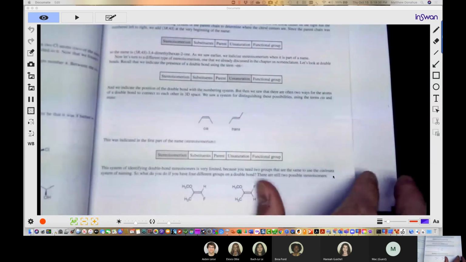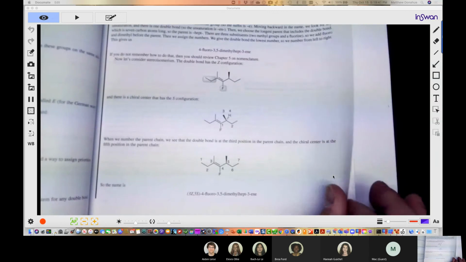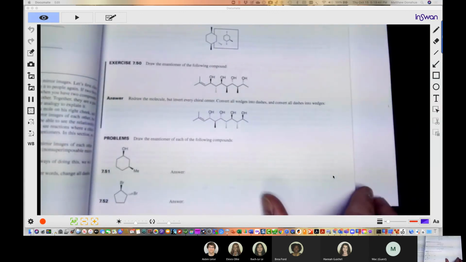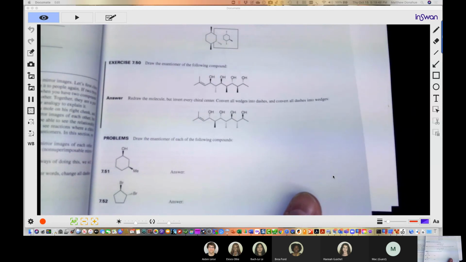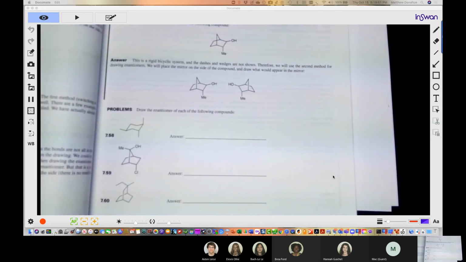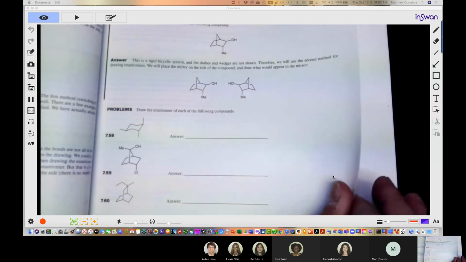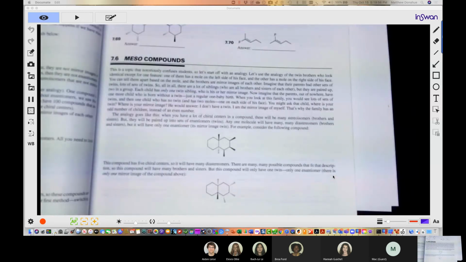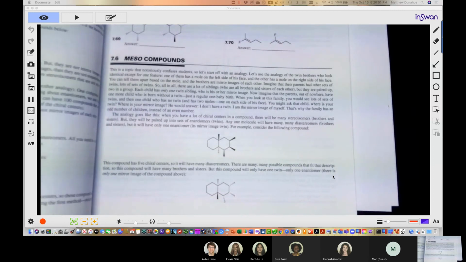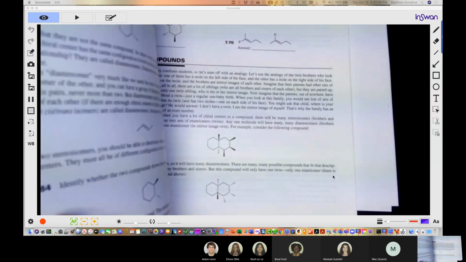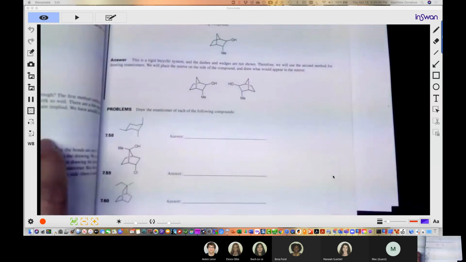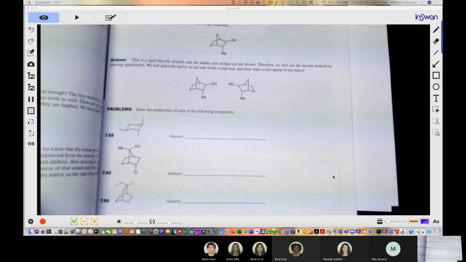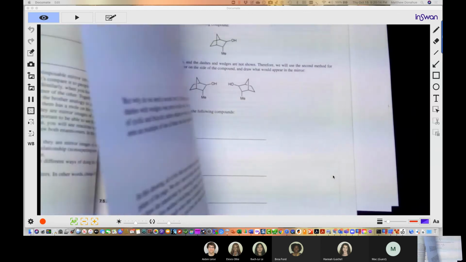Let's see if we can find some actual molecules here. So your question was basically when hydrogen is not the lowest priority group, right?